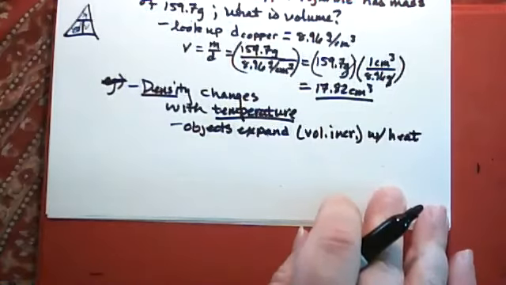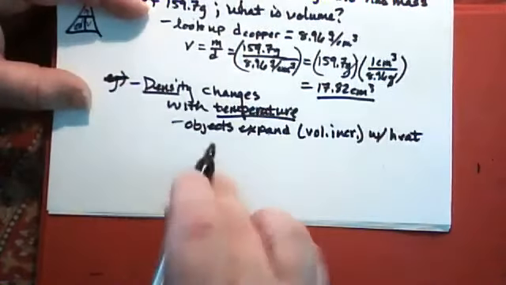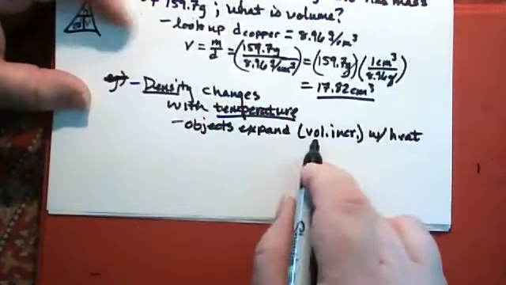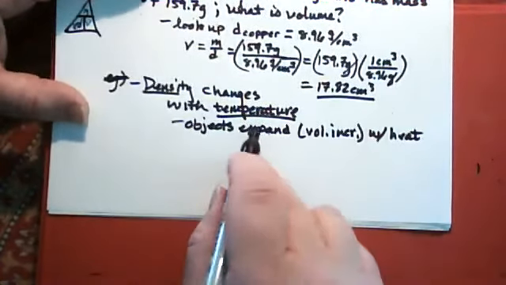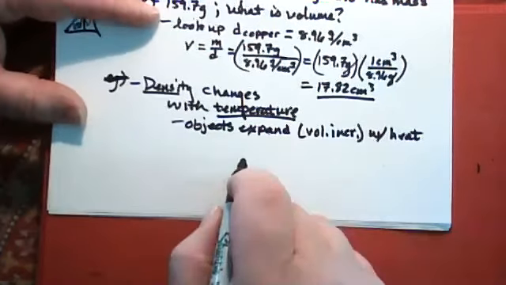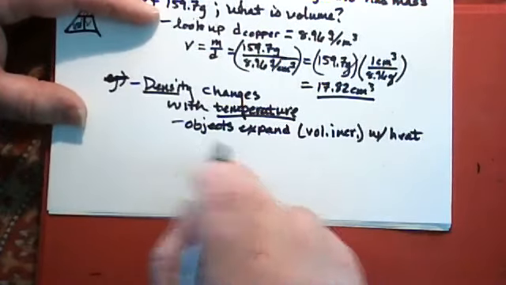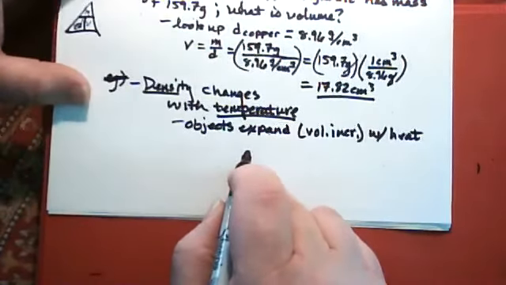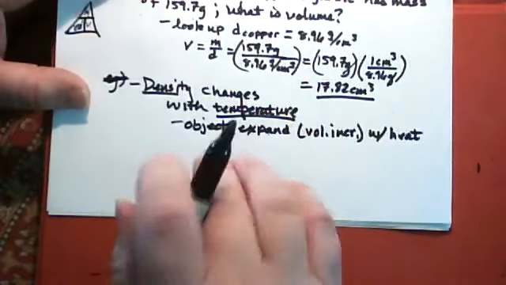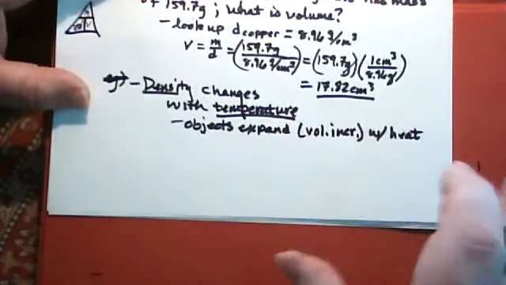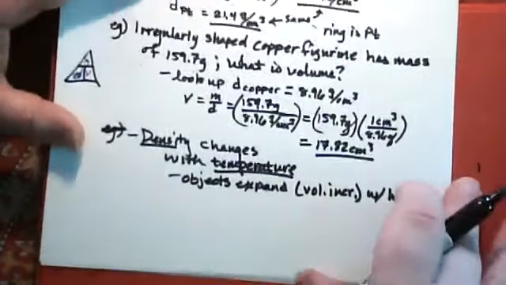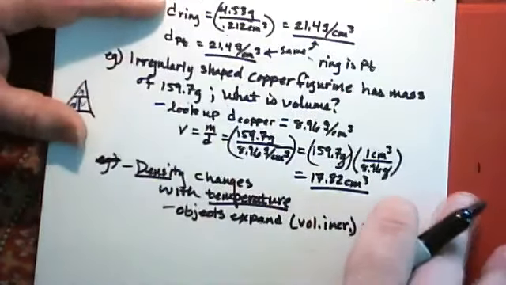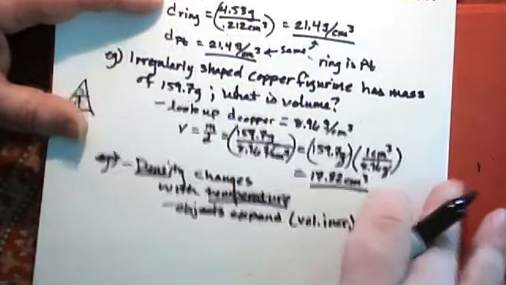So objects tend to expand with heat. In other words, the volume increases as objects get hotter. Well, notice density is mass over volume, and that means as an object heats up, the measurement on the bottom of the fraction is getting bigger, which means the result of that fraction will be getting smaller.